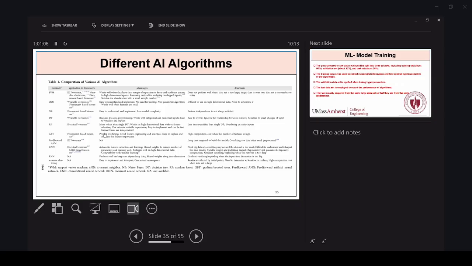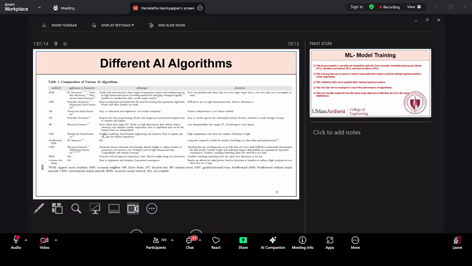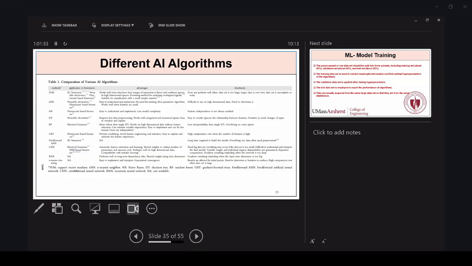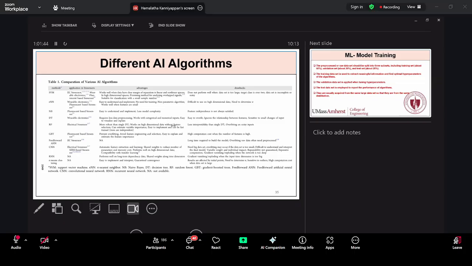As you see, there are methods like SVM, neural networks, and nearest neighbor models. So many machine learning models and algorithms have been used for biosensor applications, and they have given some drawbacks. Everything has its own drawbacks.